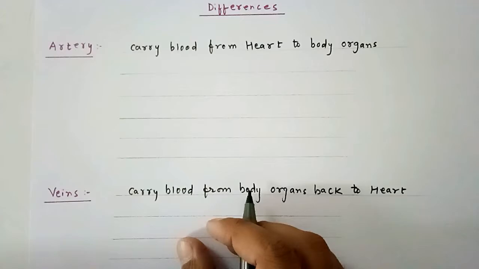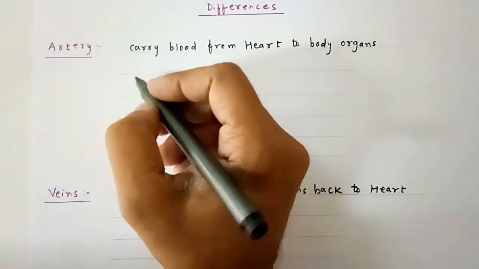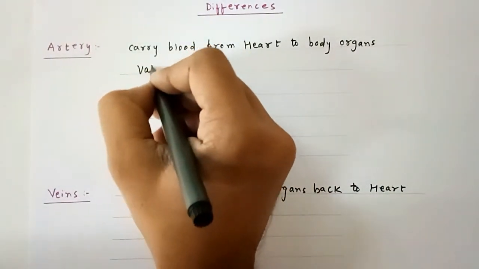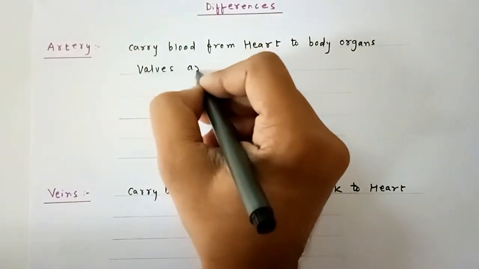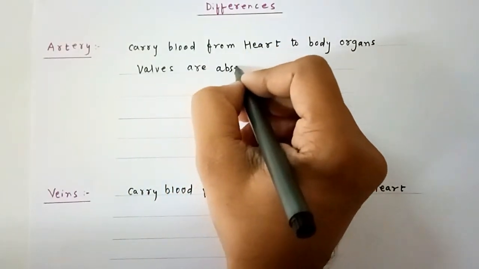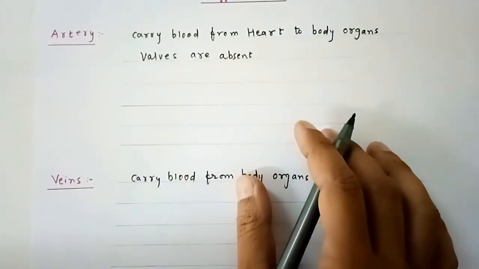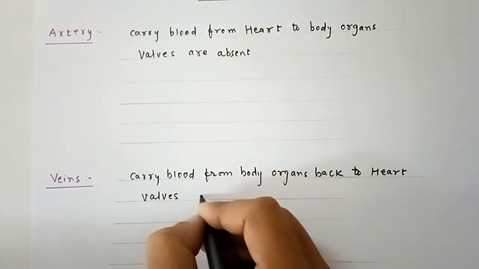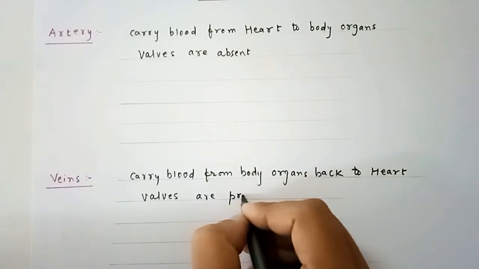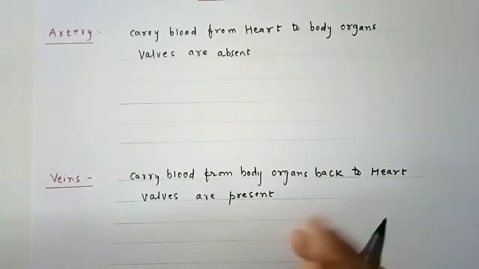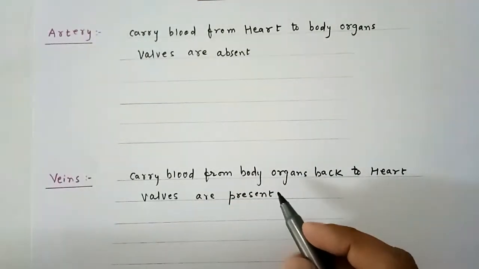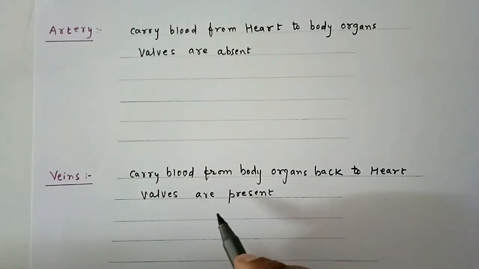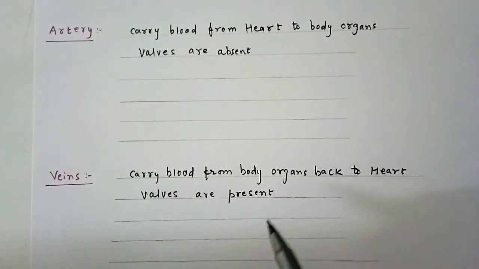Second most important point is the presence of valves actually. Valves are also present here. We might be having some confusion about the presence of valves in the venules and capillaries as well.